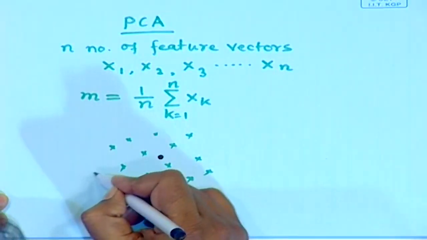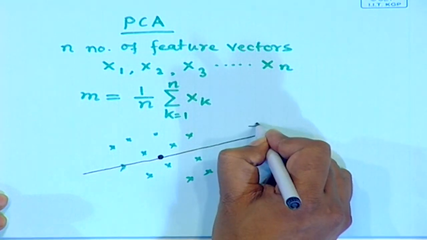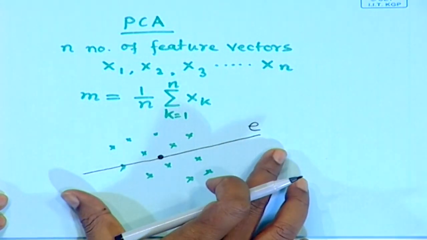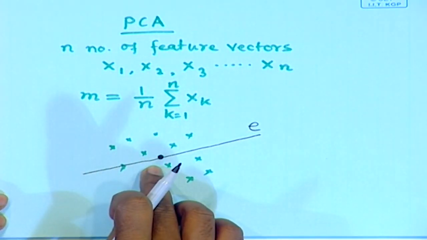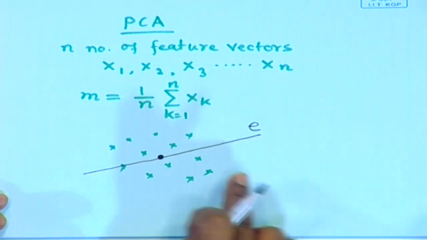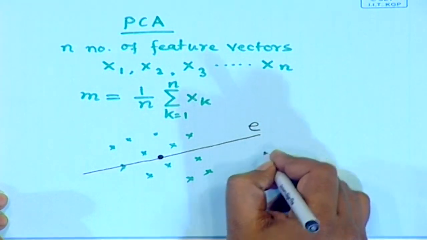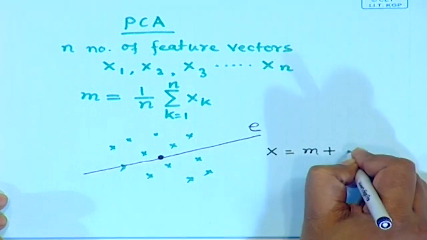So let us take a line passing through the mean of these feature vectors, and let me assume that a unit vector in the direction of this line is given by e. So I am in space X. Within this space, I have a line passing through the mean of the given sample feature vectors, and the direction of this line is e. So when I have done this, you find that the equation of this line will be given by x equal to m plus a e.